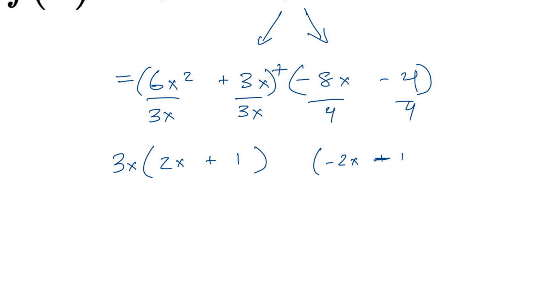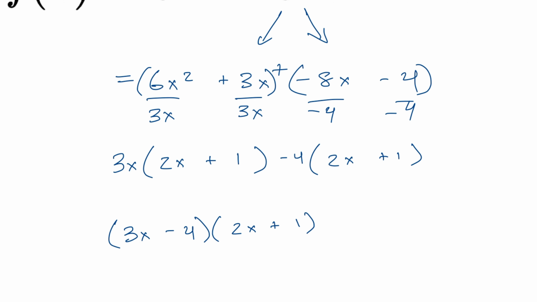Nope, minus 1. Notice how that's the exact opposite values of 2x plus 1. So we do need to take out that negative. So we should make this a negative 4 greatest common factor. And then we end up with 2x plus 1. We write the greatest common factors as one binomial, and then the other one as 1.